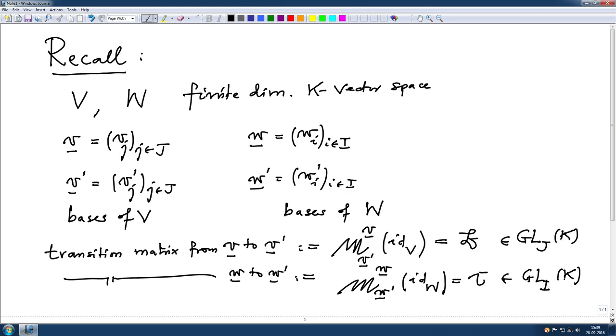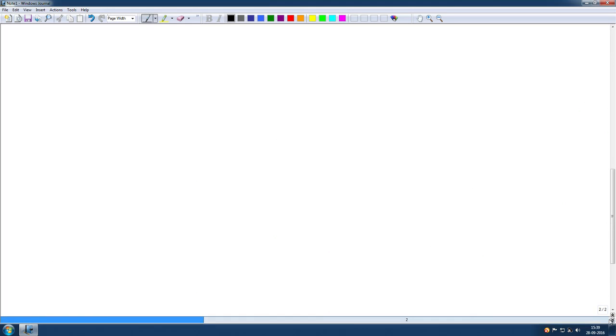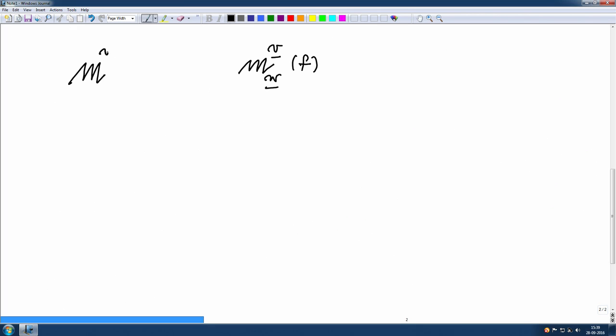This we saw last time, and now I want to write down the relation between M_V^W(F) and M_{V prime}^{W prime}(F). So this is an I cross J matrix, and it is equal to C times M_V^W(F) times B inverse.